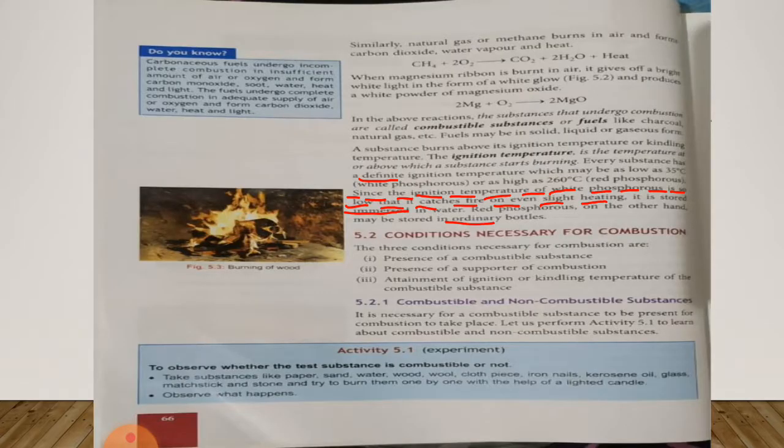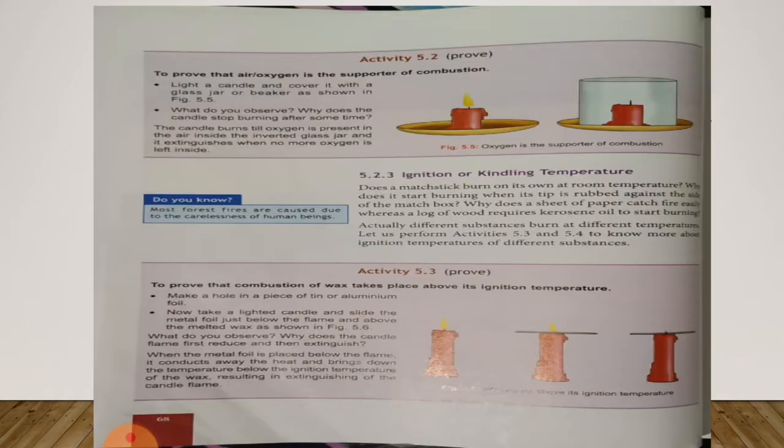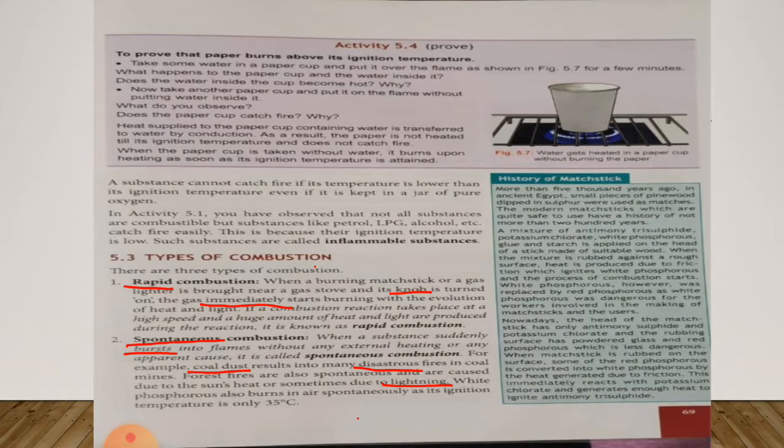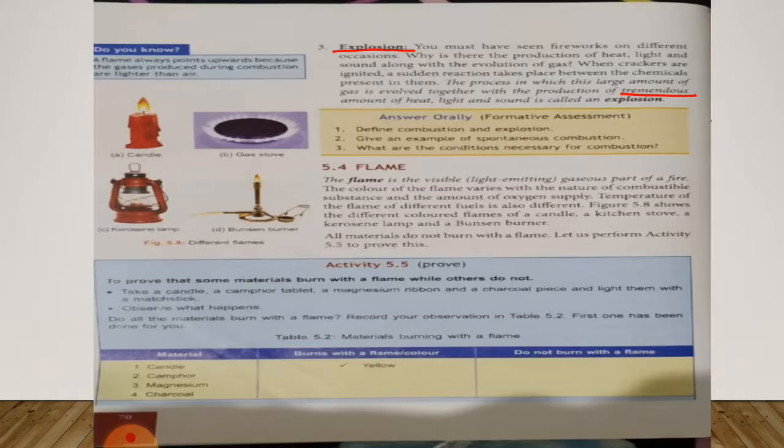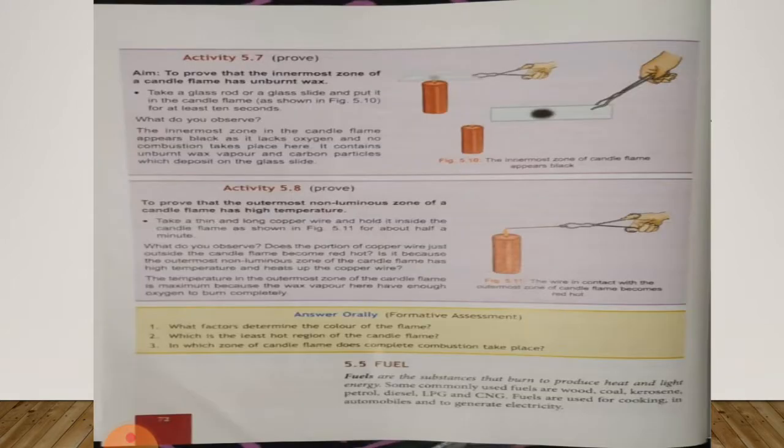We have seen some conditions necessary for combustion, such as combustible and non-combustible substances, presence of supporter of combustion, ignition or kindling temperature, and we have understood about types of combustion, about flame, a candle flame. And now in this class we are going to perform activity 5.7 and activity 5.8.